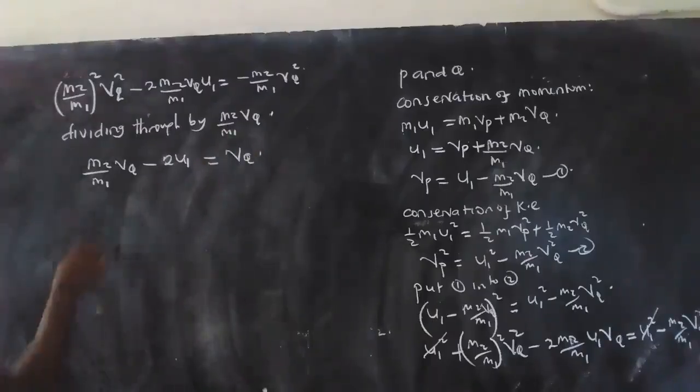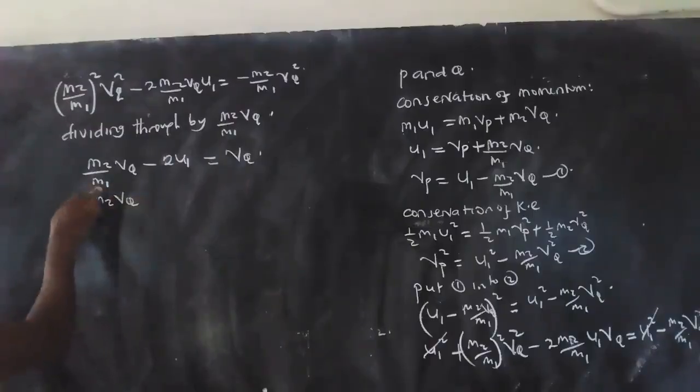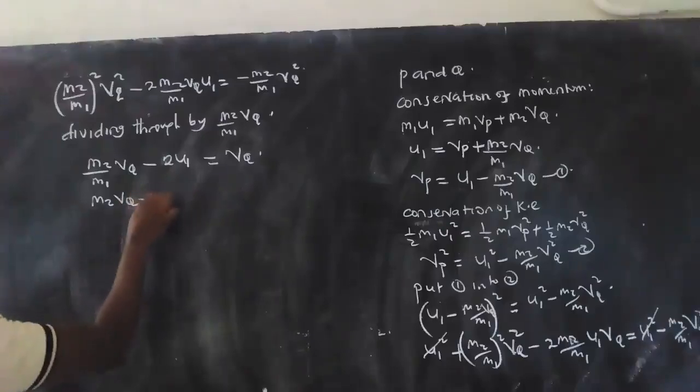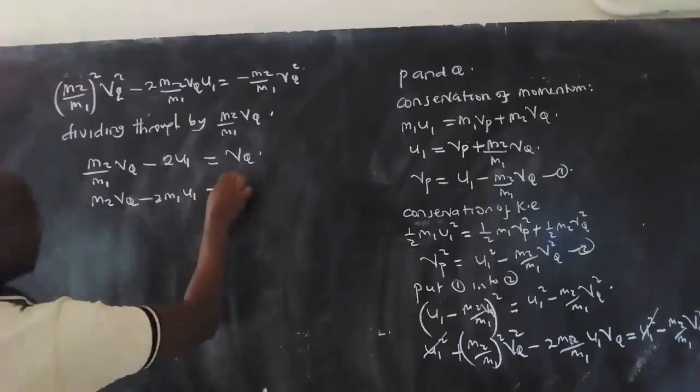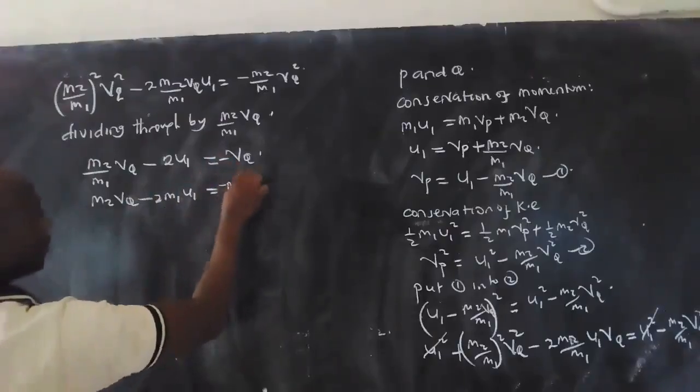Now this one is the same as M2 V2. Multiply both sides by M1: M2 V2 minus 2 M1 U1 is equal to negative M1 V2.